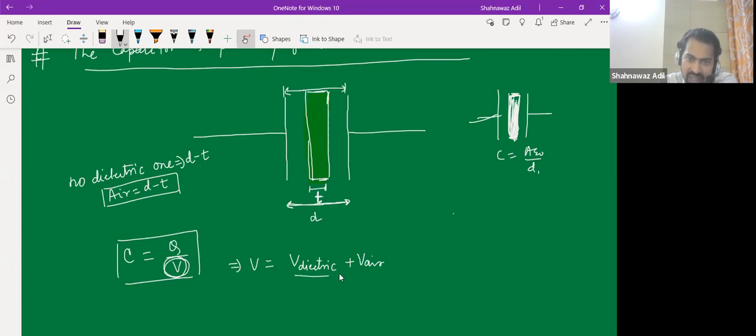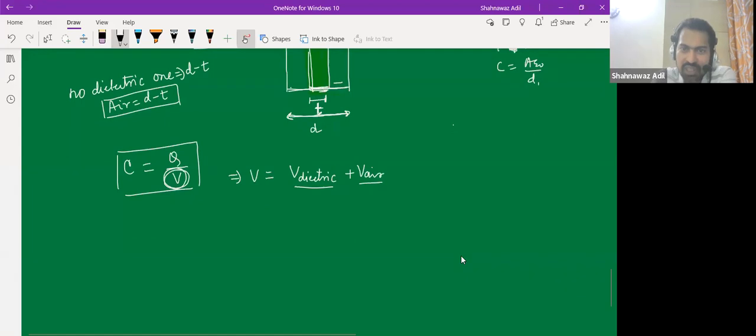We want to calculate the potential between these two plates, so we have this dielectric potential plus this air potential. Understood?